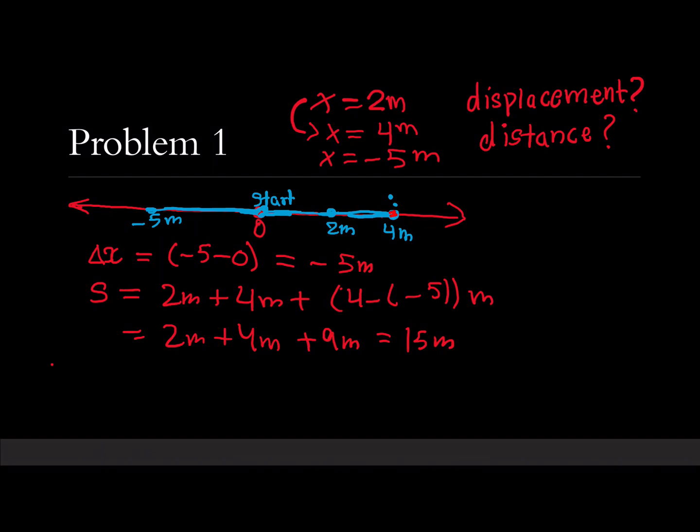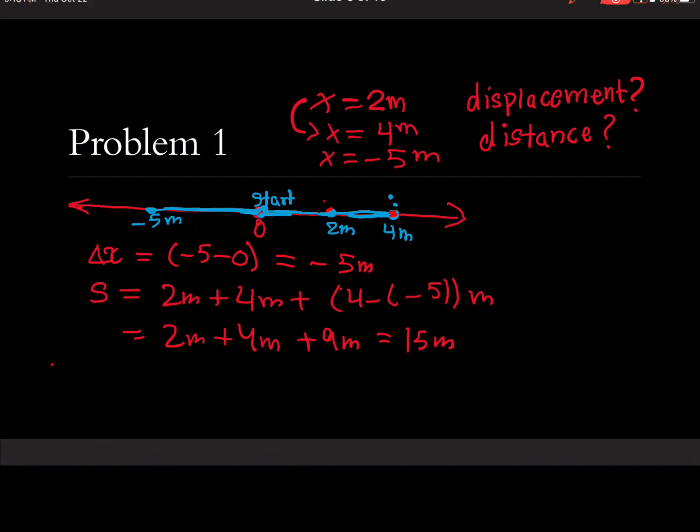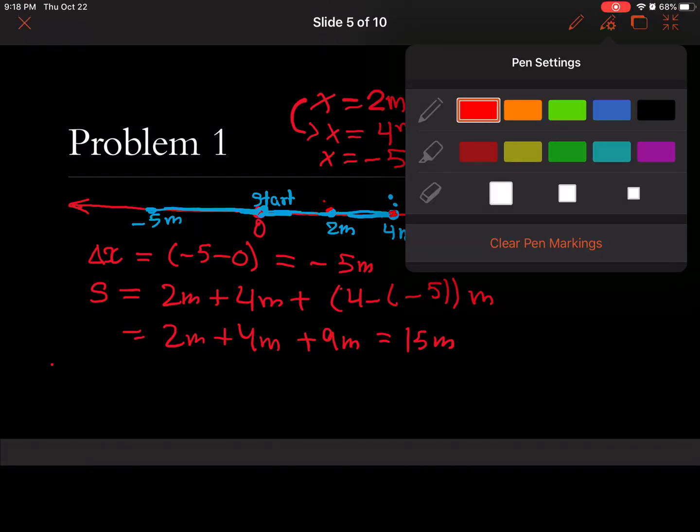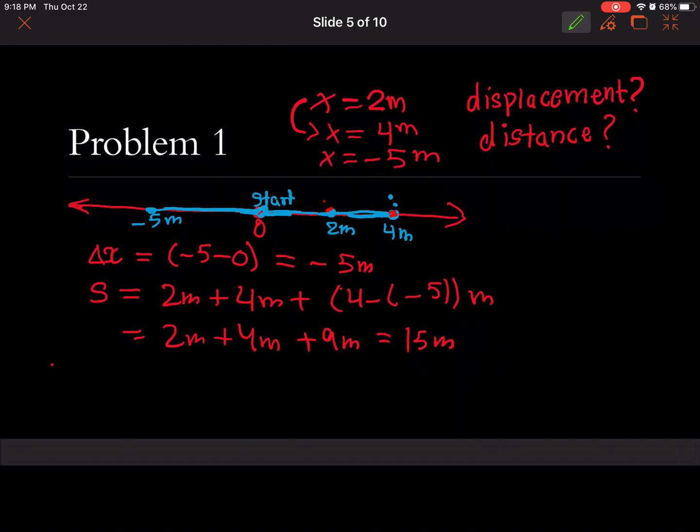Displacement is, as you remember, the final position minus the initial position. Well, what is my final position? It's not 2 meters. It's not 4. I should get another pen because I shouldn't be highlighting in red. Let's try green. So the final position, let's first identify where do I finally end up.